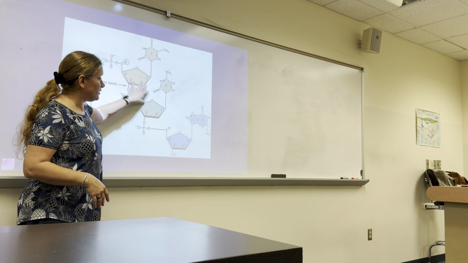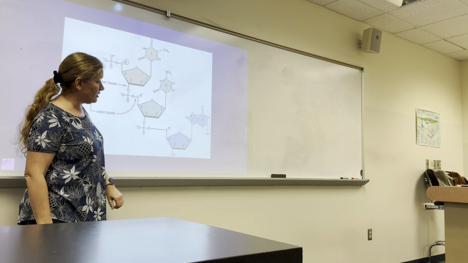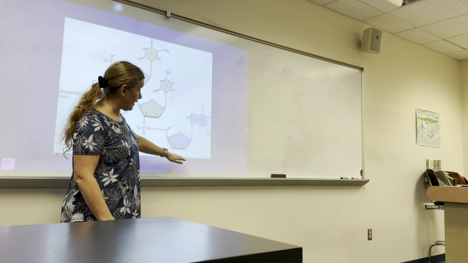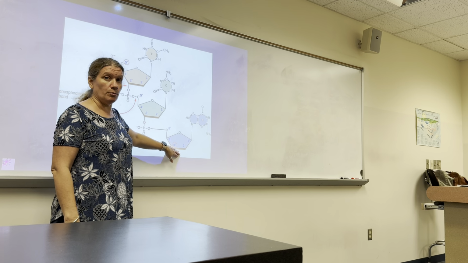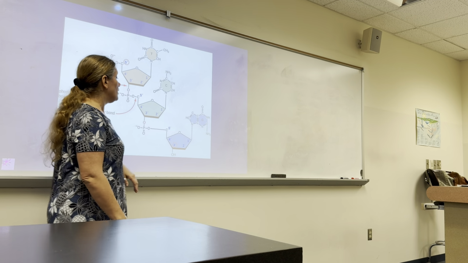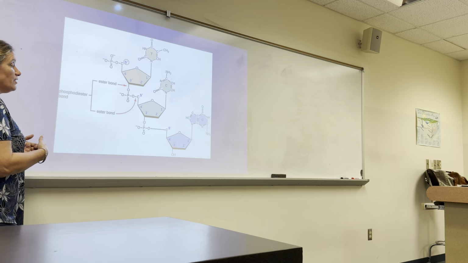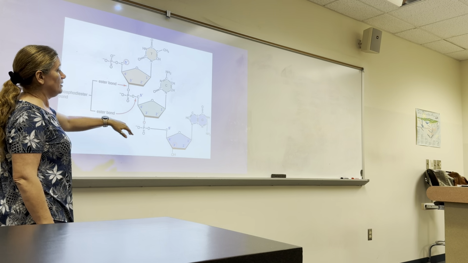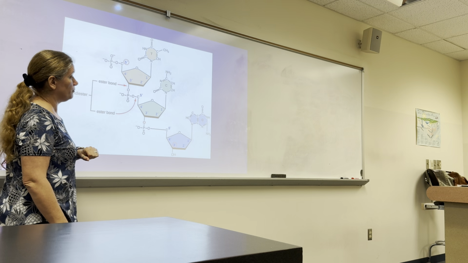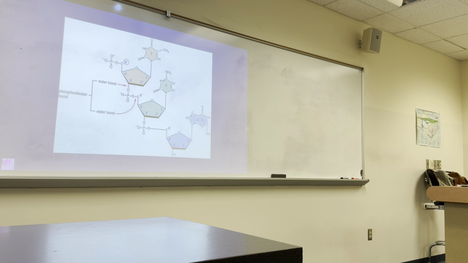So in this strand here, the growing strand would have a nucleotide added to this 3' hydroxyl. The bond that forms is the phosphodiester bond, and that is what you see formed right here. The phosphodiester bond is the bond that we recognize as linking the nucleotides together.